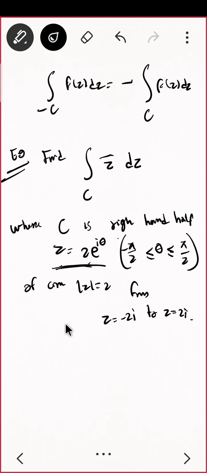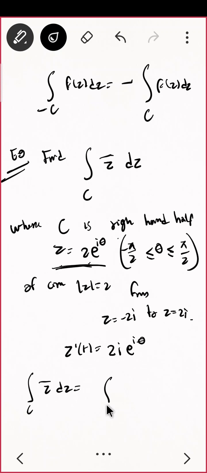So what will be that? z'(t). What is z'(t)? It will be the derivative of 2 e raised to i theta, which is 2i e raised to i theta, correct? This is the derivative. And what is the formula to solve this z bar dz? This is my function z bar, so it will be the contour integral over theta, where theta is minus pi by 2 to pi by 2, of f(z) equal to z bar.